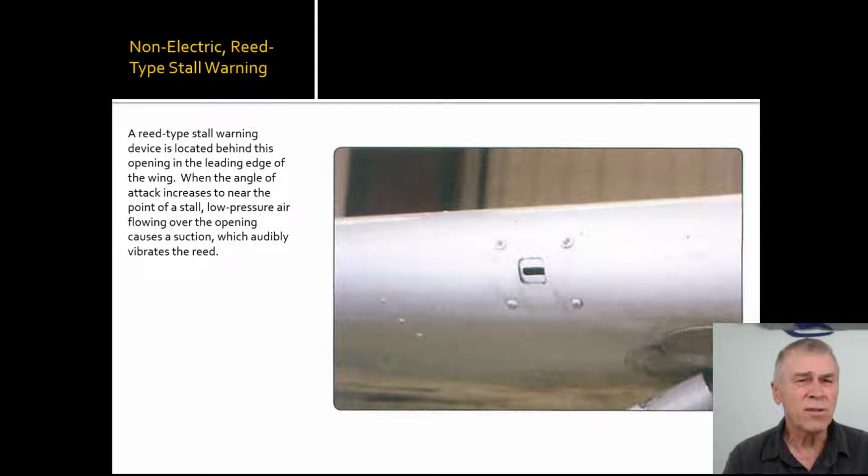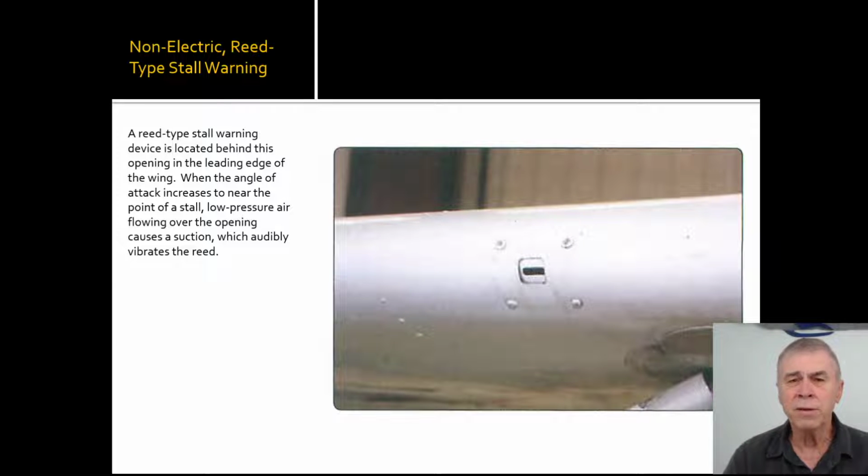You can't see it. It's located behind this opening in the leading edge of the wing. When the angle of attack increases to near the point of a stall, low air pressure flowing over the opening causes a suction which audibly vibrates the reed.